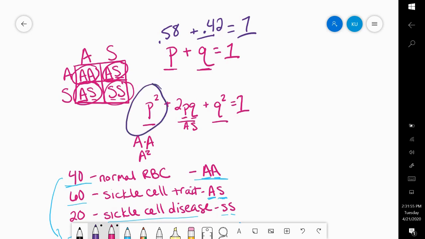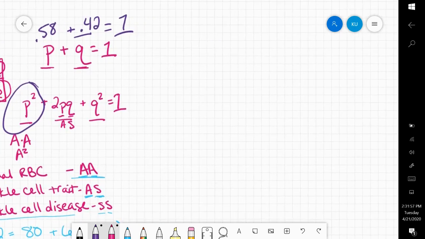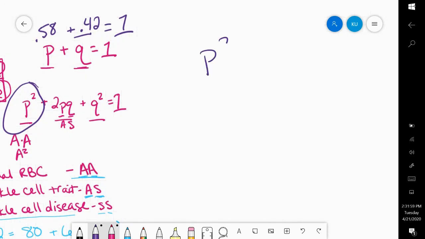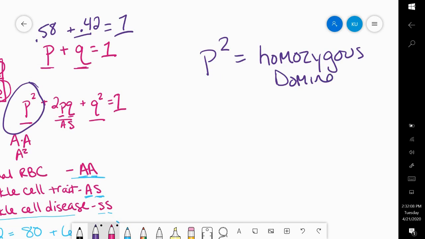So P squared, all right? P squared equals all of the homozygous dominant individuals. And that, for this instance, is equal to the people with normal red blood cells who have the genotype AA. Okay?